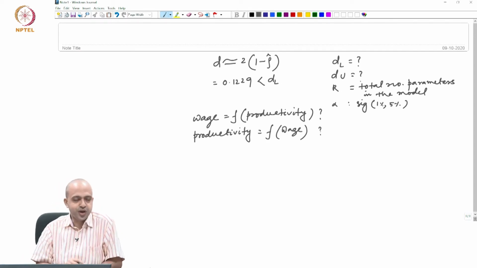That you first need to decide, because as we said, econometrics per se will not tell you which is the dependent and which is the independent variable, and that is why we said, if you recall, that econometrics is basically an art and science. So, from the existing theory or from your own common sense, you need to identify what should be the dependent and what should be the independent variable. So, we have to take help from some existing theories that will guide us in identifying dependent and independent variables.